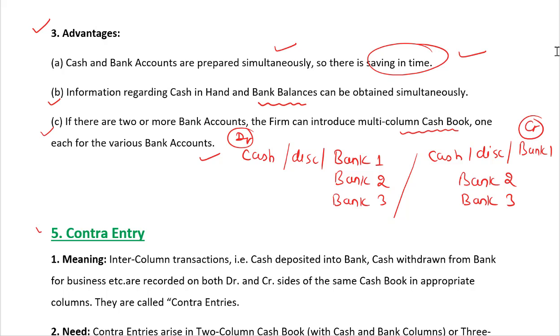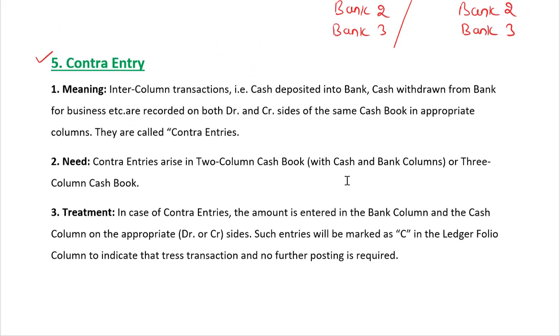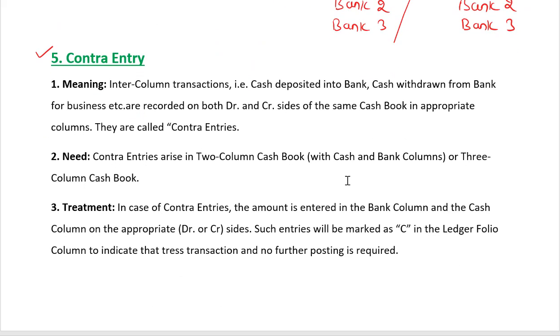Okay, so we'll continue with contra entry. Let's see the meaning first. Intercolumn transactions, such as cash deposited into bank or cash withdrawn from bank for business, are recorded on both sides, the debit side as well as the credit side. This is called a contra entry.